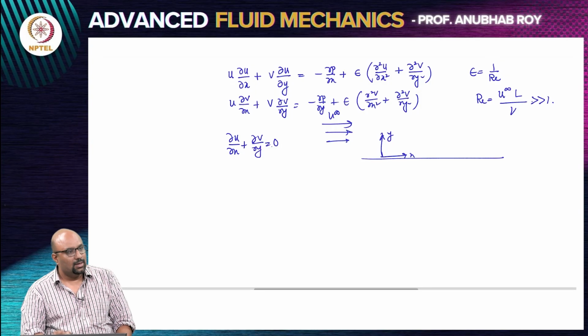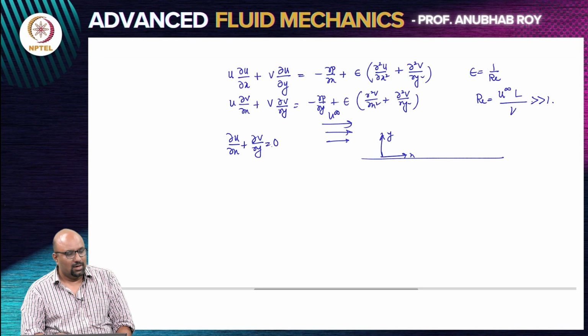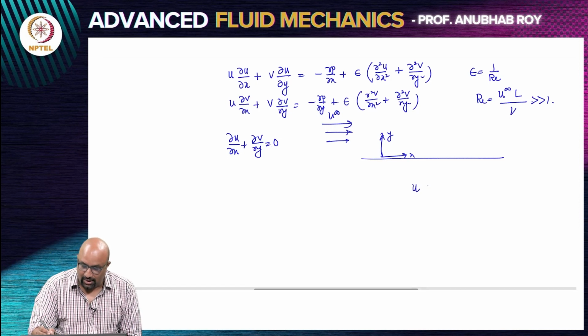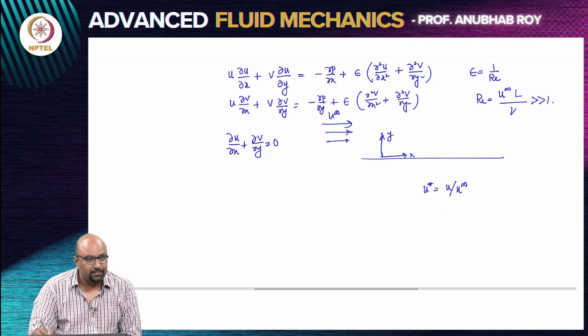Now how did you arrive at this non-dimensional equation? You arrived at it by saying that the non-dimensional velocity u star is u divided by u infinity.